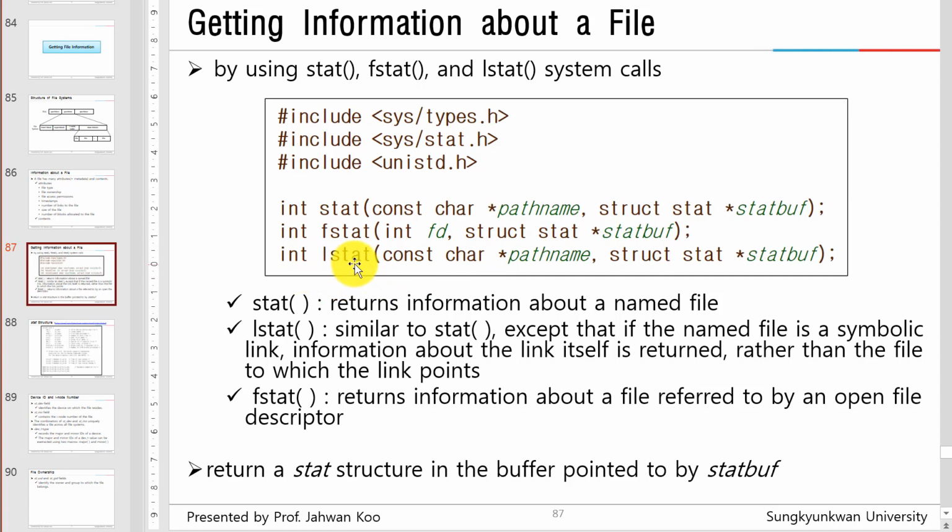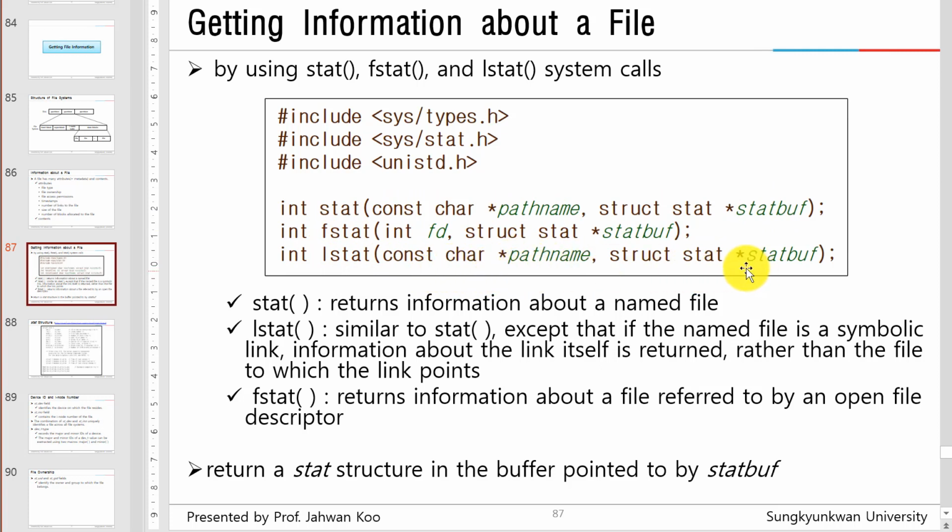Okay, let's see the lstat system call. How many arguments are there? 2. Pointer pathname and pointer statbuf. lstat system call is similar to stat system call. What does the pathname point to?